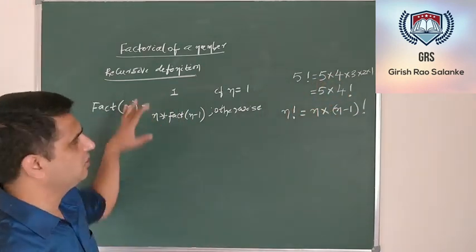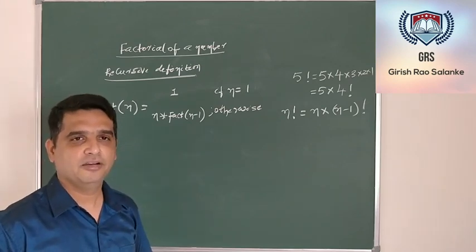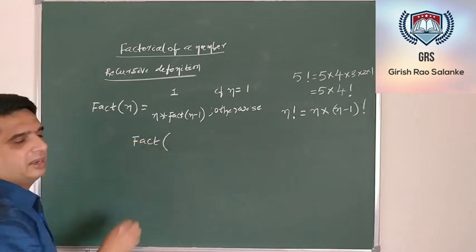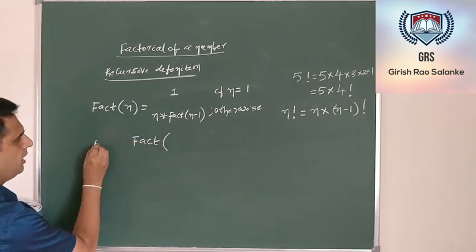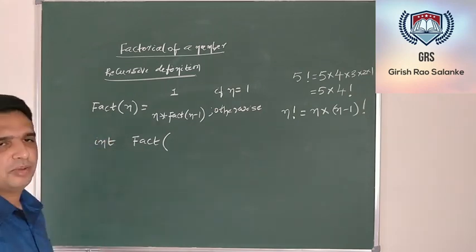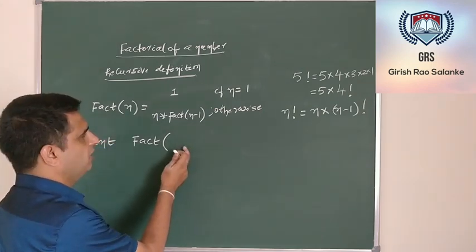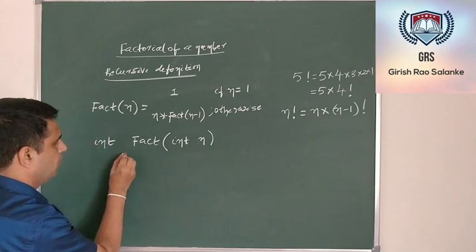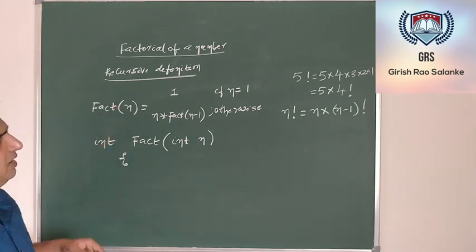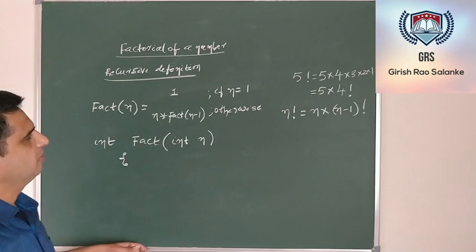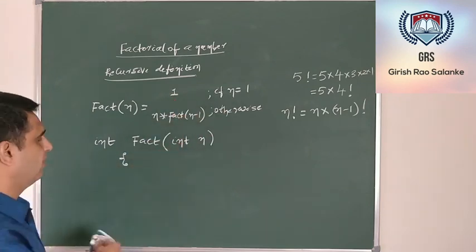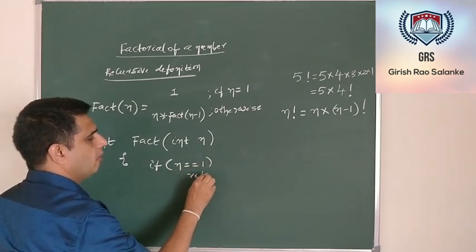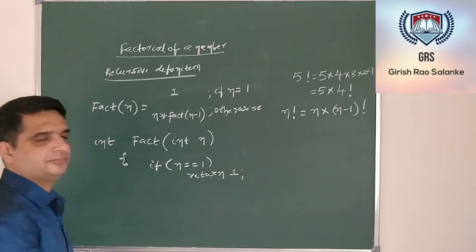So a recursive factorial function can be written with the return type as int, and the argument to this function is an integer n. Going back to the recursive definition, it is quite easy to write: if n is equal to 1, return 1.